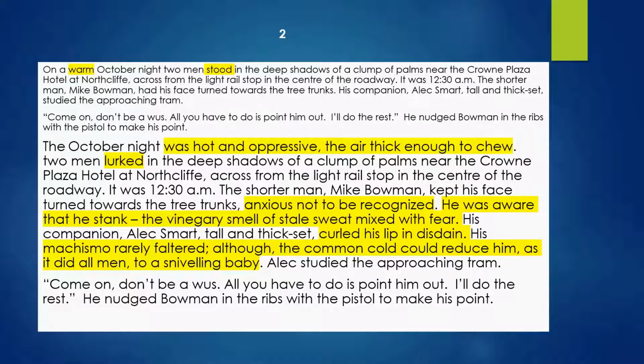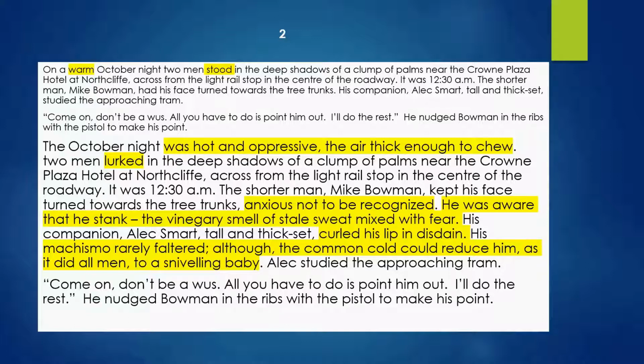The narrator is now adding a nuance. The two men no longer just stand in the deep shadows, they lurk. Can you see how this is more colourful language? There are implications with these words that weren't in the absolutely invisible narration. When we get to talk about Mike Bowman, he keeps his face turned towards the tree trunks, but now we learn he's anxious not to be recognised.